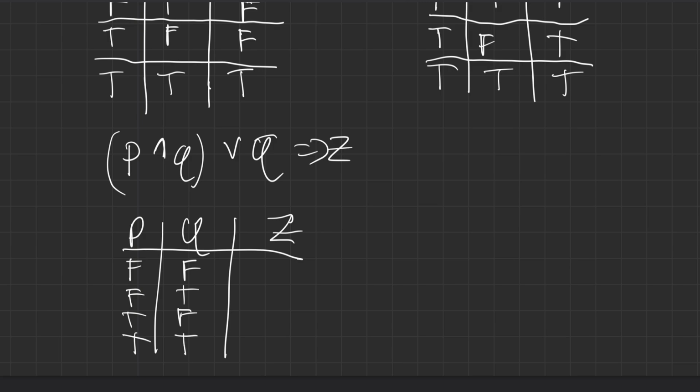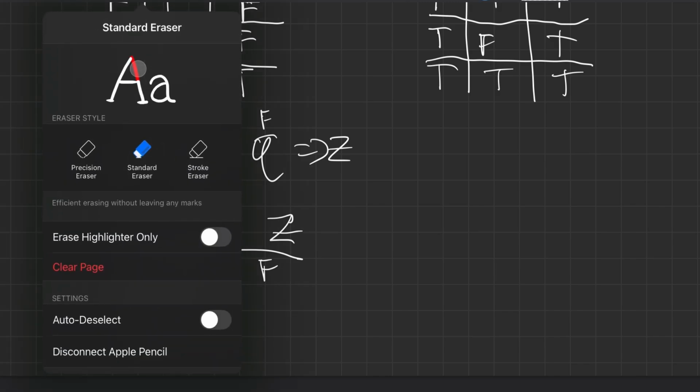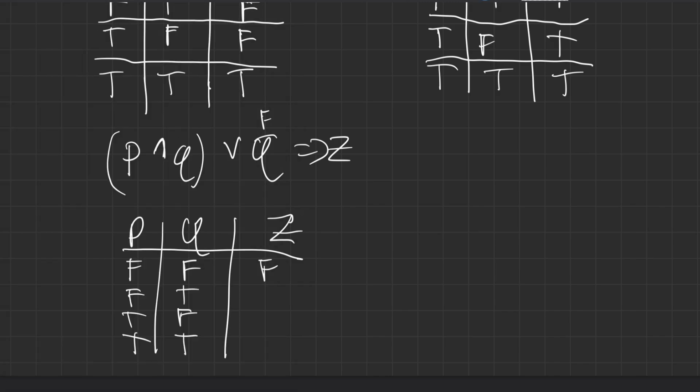So if we say false, false, and false, so that's false, or false, this is going to be false, right? That's how we use this logic here.